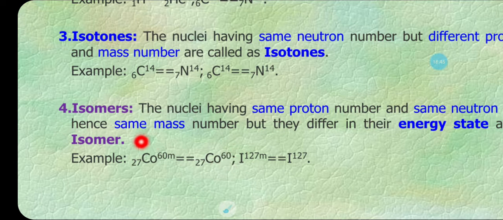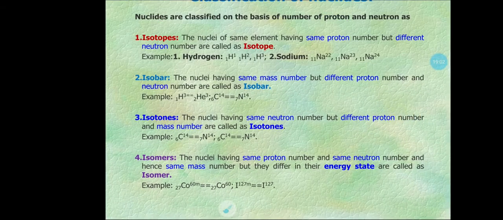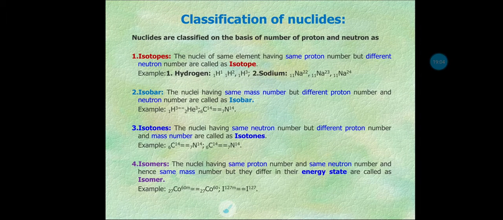That means this is excited state cobalt and this is ground state cobalt. So these two are isomers of each other. Here metastable iodine 127 and this is ground state iodine 127. These are isomers of each other. This is about the classification of nuclei.